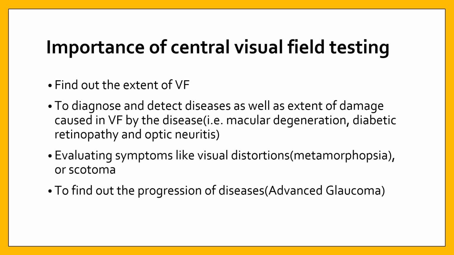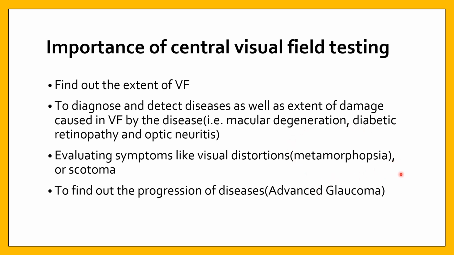Importance of central visual field testing. It is important to find out the extent of the visual field to diagnose and detect disease as well as the extent of damage caused in the visual field by diseases such as macular degeneration, diabetic retinopathy, and optic neuritis, and for evaluating symptoms like visual distortion, called metamorphopsia, a visual defect that makes linear objects look wavy, curvy or rounded due to a problem in the retina.